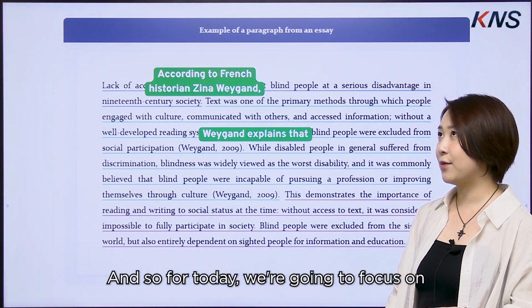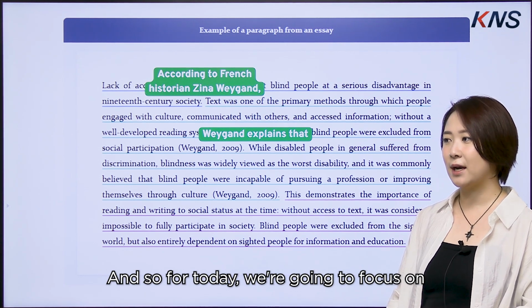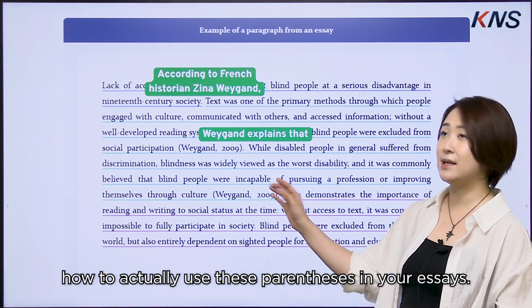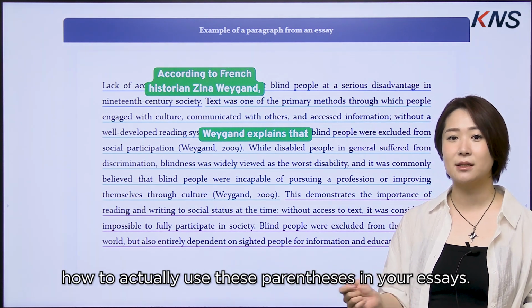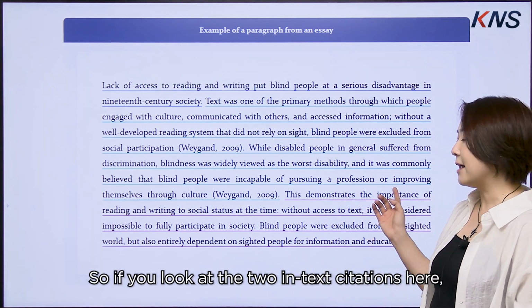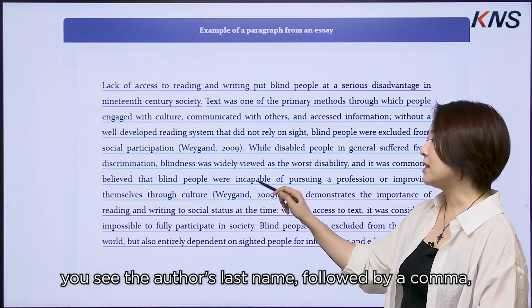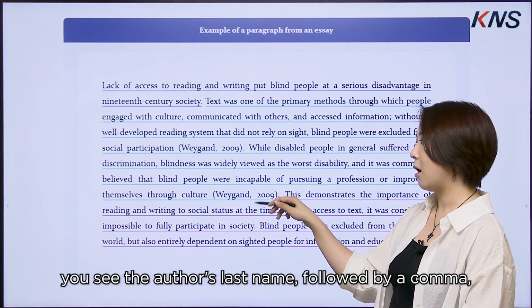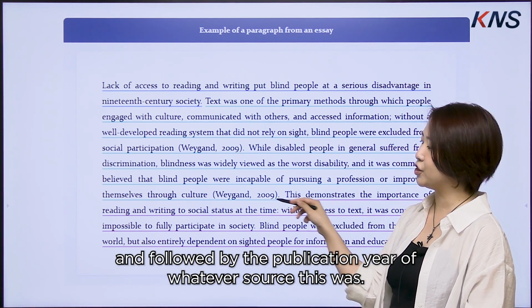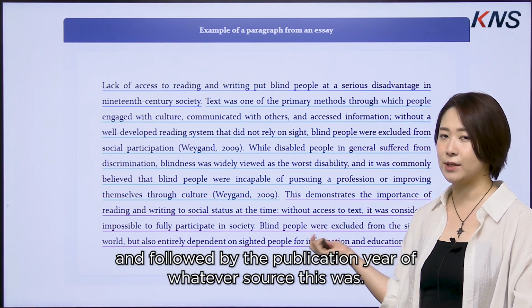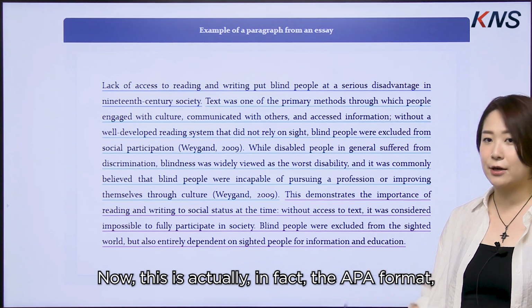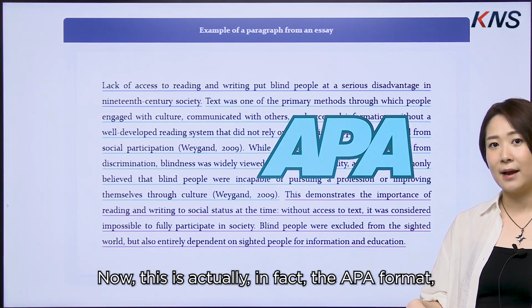And so for today, we're going to focus on how to actually use these parentheses in your essays. So if you look at the two in-text citations here, you see the author's last name followed by a comma and followed by the publication year of whatever source this was. Now, this is actually, in fact, the APA format.